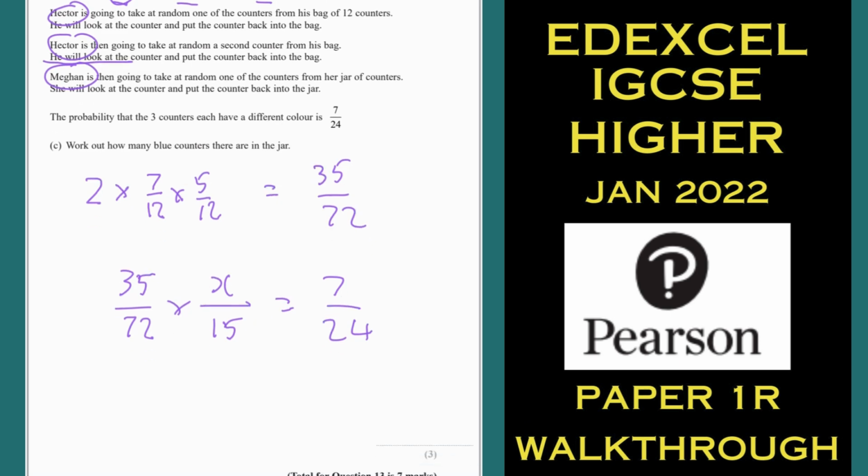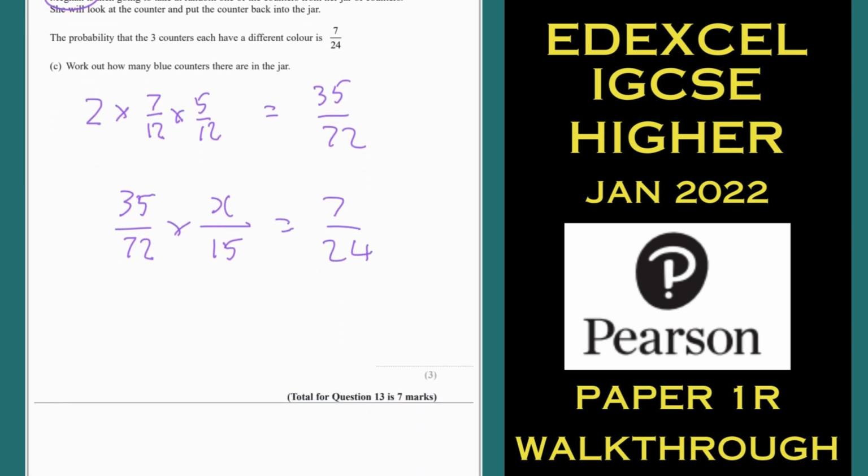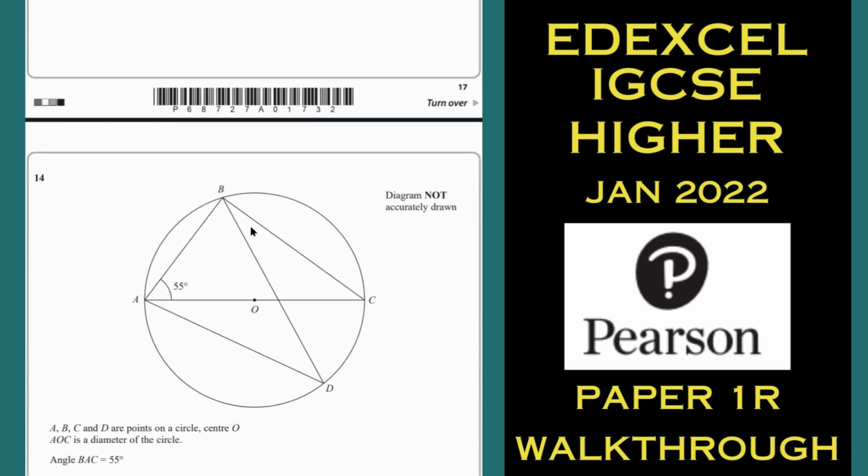There's your equation set up. Get it solved. So leave your x where it is. I just did it all on my calc. 7/24. I multiplied by 15, multiplied by 72, divided by 35. Spits out a lovely looking answer. We know we're right.